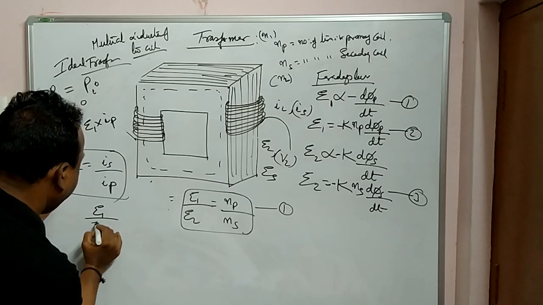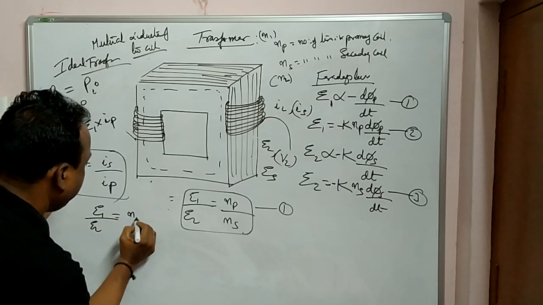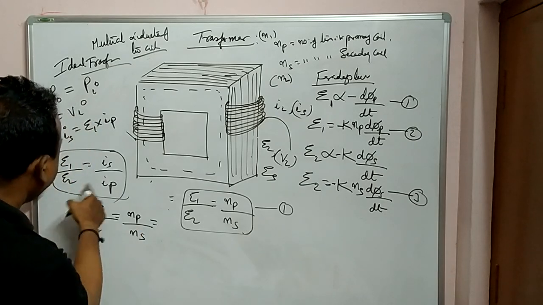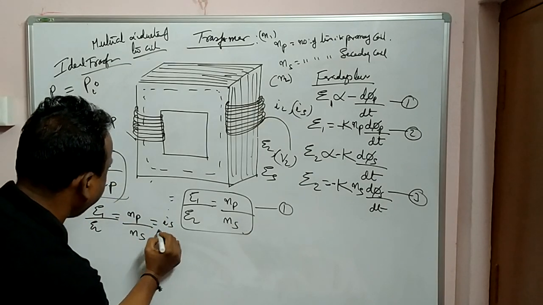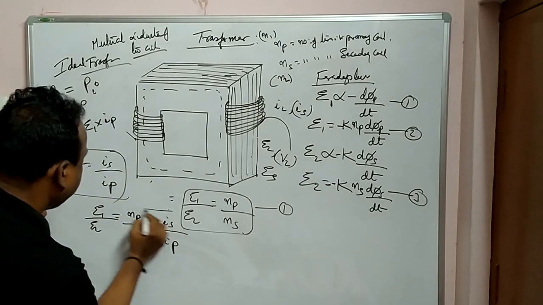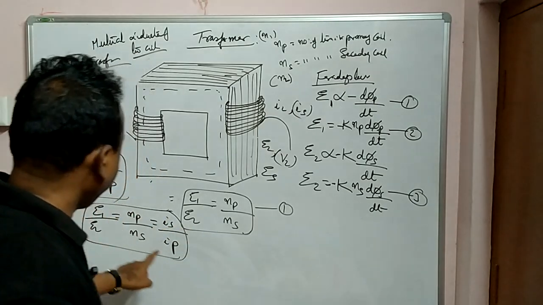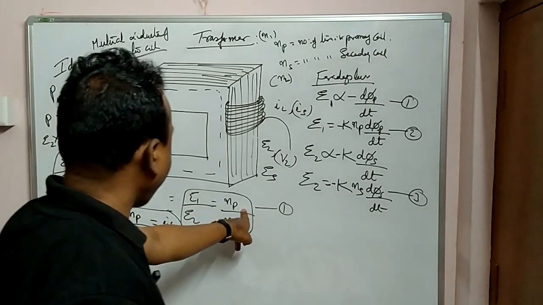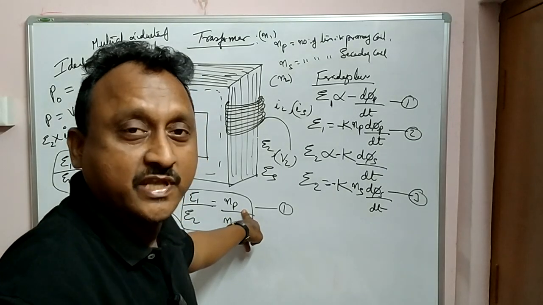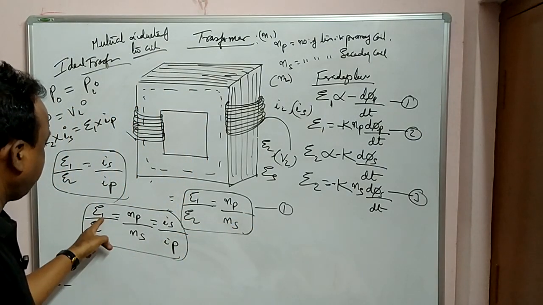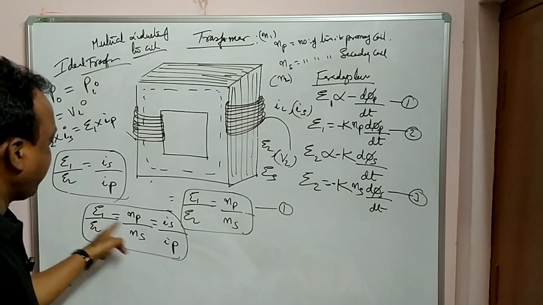So E1 by E2 is equal to NP by NS is equal to IS by IP. This formula is very important in solving numericals. Directly proportional to the number of turns, inversely proportional to current. More current, less of this. You can see E1 or E primary.